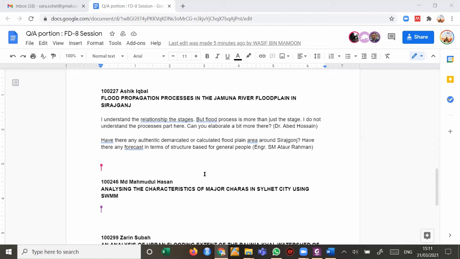So we can use them as ground control points. The cost of a drone is not that much. People can buy a drone for 2 or 3 lakhs, and if people can learn the technique, they can do this on their own.